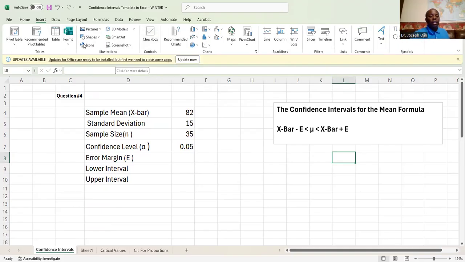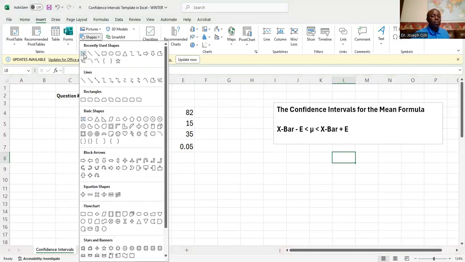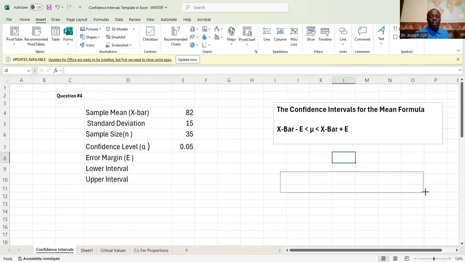I have it on the handout too, so you can see both of them.